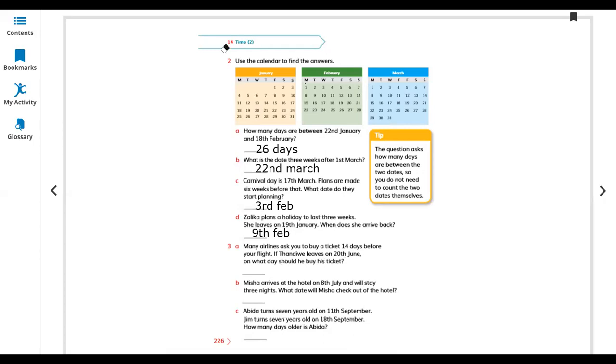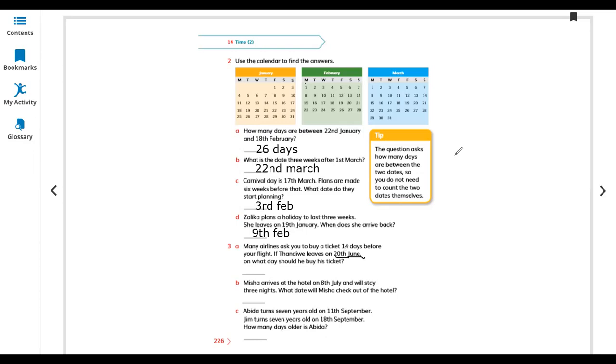Where is 20th June? This question does not depend on this calendar because there is January, February, March. Okay, 20th June. We go back 14 days from the 20th. So before 14 days, what is the date?